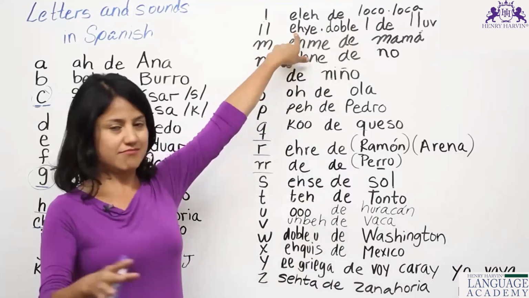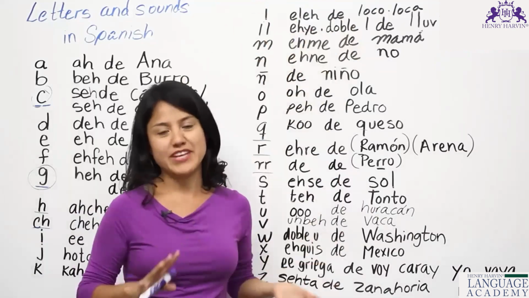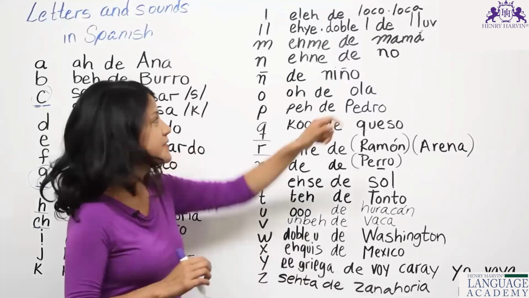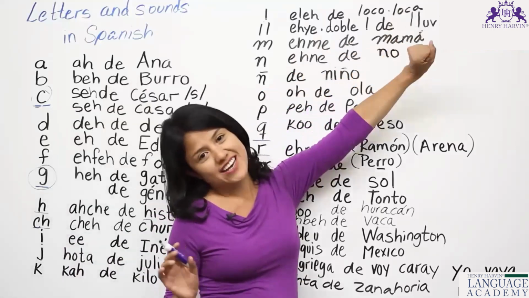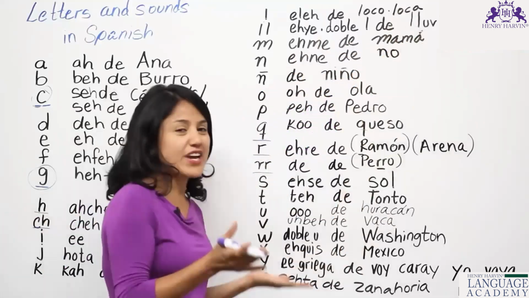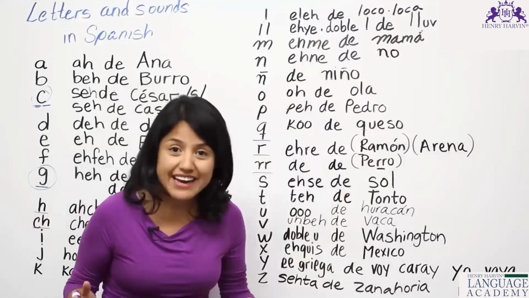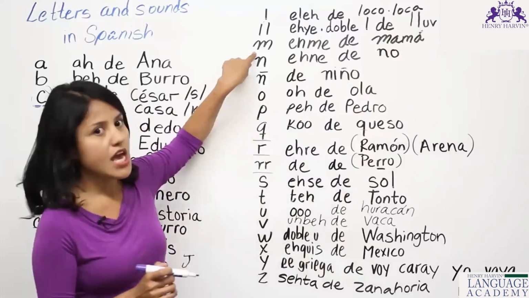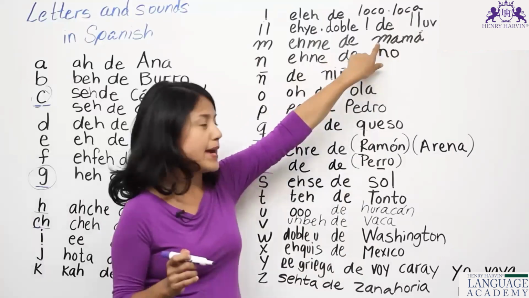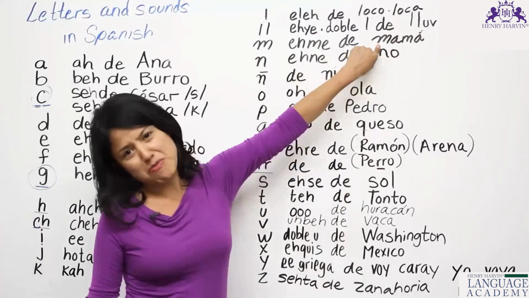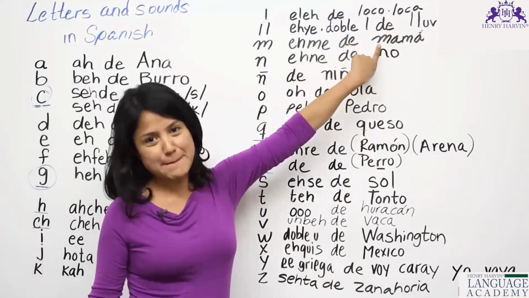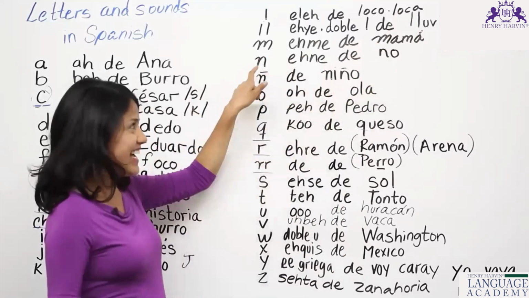Both names, people recognize them by both names. I like doble L. De lluvia, rain. You know, rain is lluvia. M de mamá. Mi mamá. M de mamá.